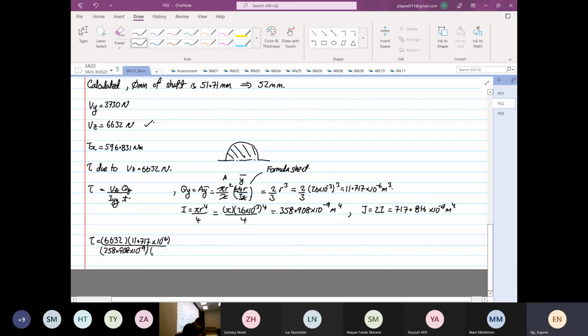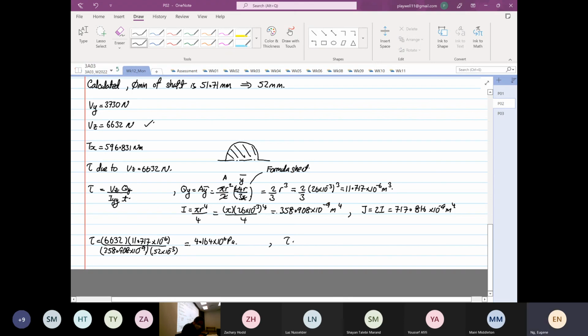Our thickness is 52. So the shear stress is equal to 4.163, or 164, times 10 to the power 6 Pascal.